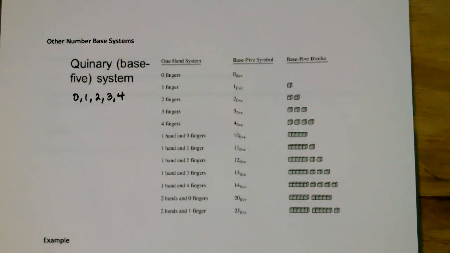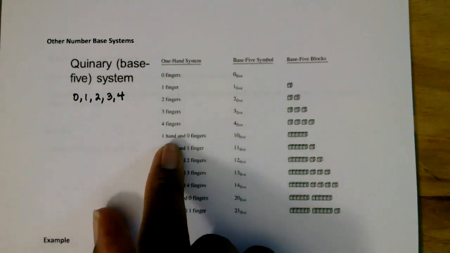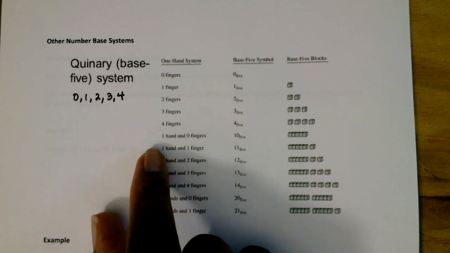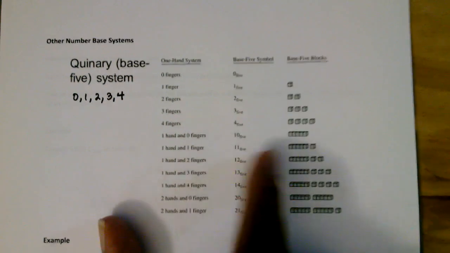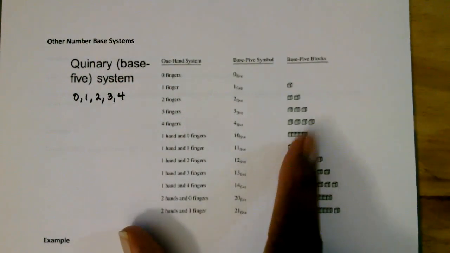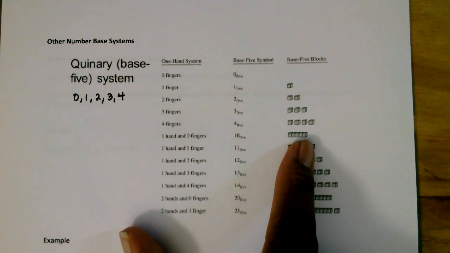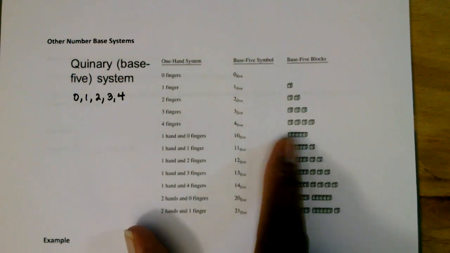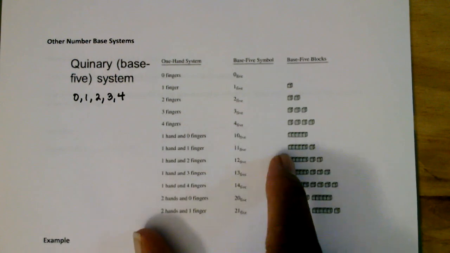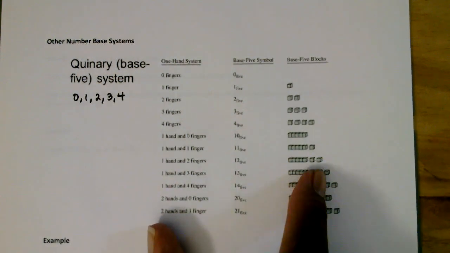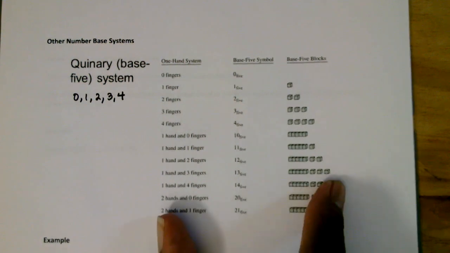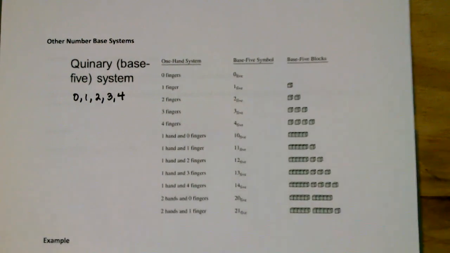And then after 4, we use 1 hand and 0 fingers. And then that would represent the number 5 in the base 5 system. So it'd be one hand and no fingers. And then next, one hand, one finger, then one hand, two fingers, one hand, three fingers, and so on.